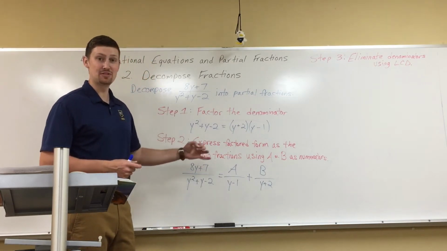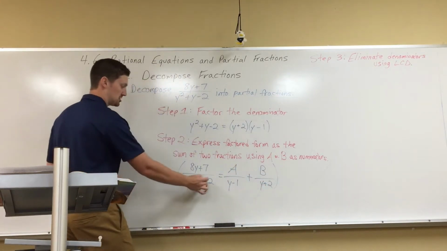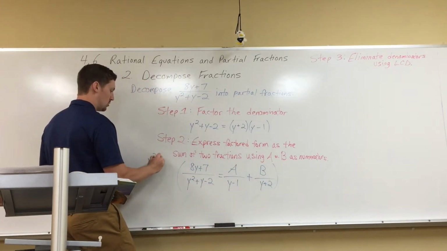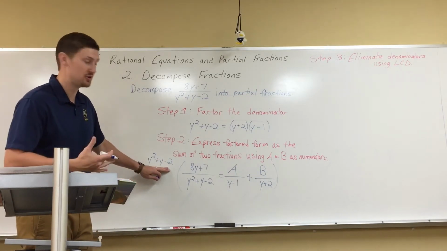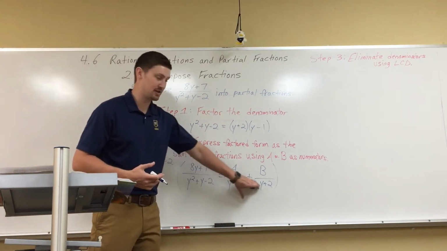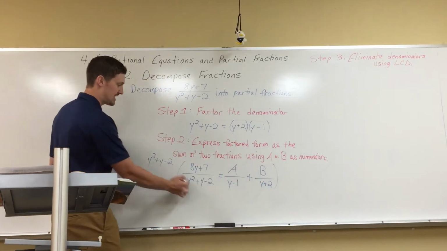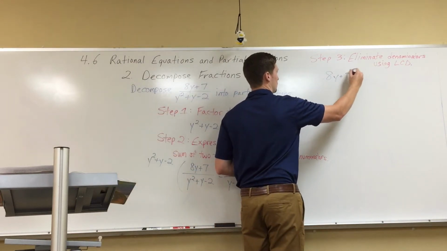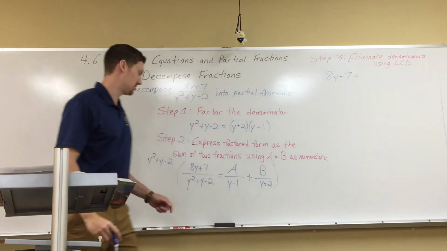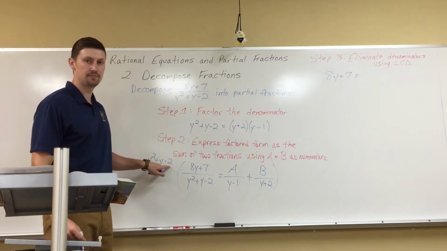How do we eliminate them using the LCD? That's what we just did last step. In a sense, you take this whole thing and multiply it by your LCD, y² + y − 2. Again, that's my LCD. That is what is included in each of these denominators. When I multiply by this first term, the whole thing cancels. I'm left with 8y + 7. That's nice. I took a huge kind of problem down to just the top because these both cancel out.